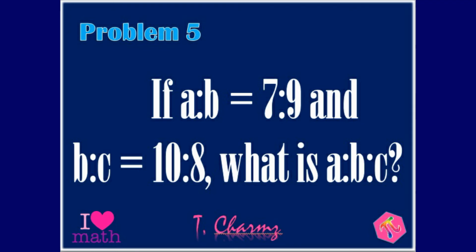And for our last problem, if A is to B is equal to 7 is to 9 and B is to C is equal to 10 is to 8, what is A is to B is to C? The timer starts now.